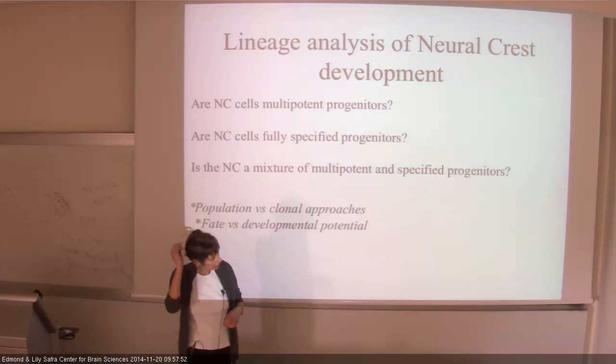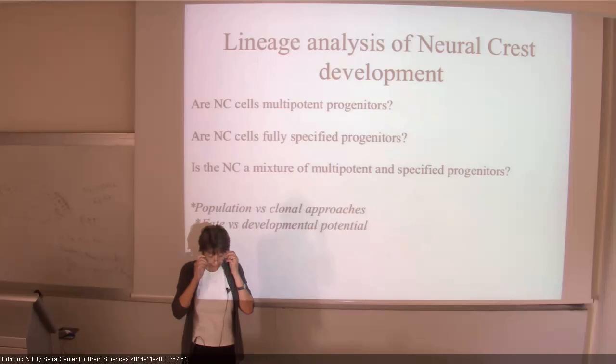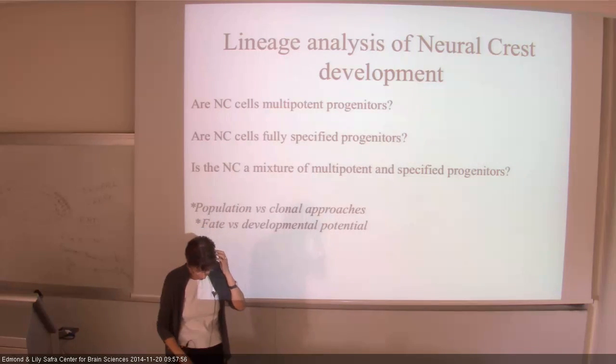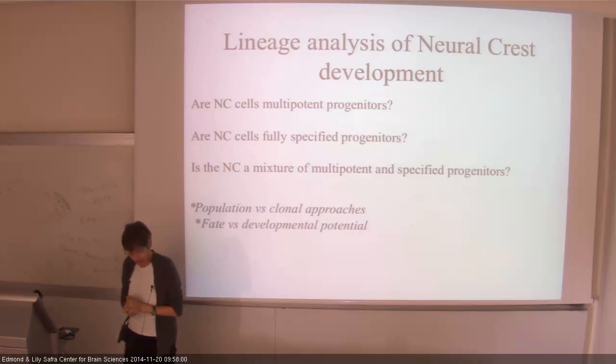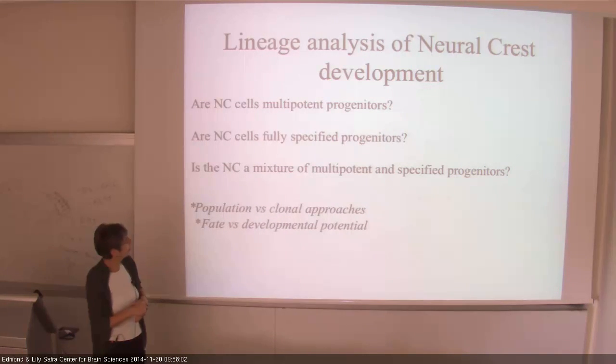So, in the last hour, I would like to deal with a very important developmental question, which I hope you'll enjoy, and is a question which is very well adapted, I think, also to modeling approaches by people who have the background that you have. And this is the question of multipotency versus cell determination.